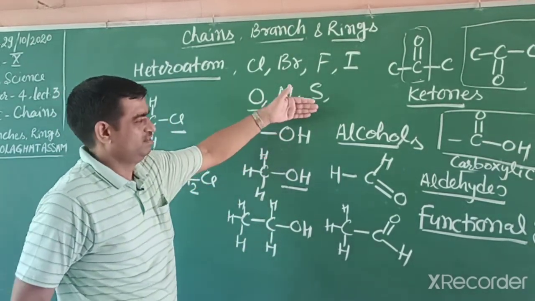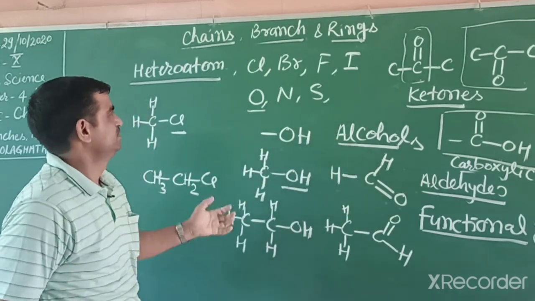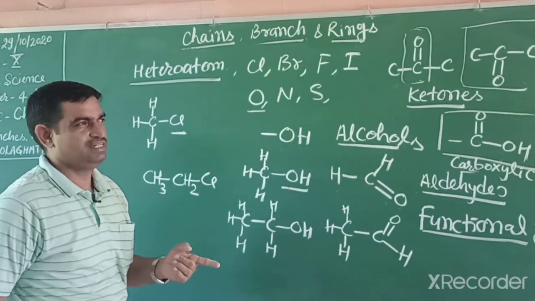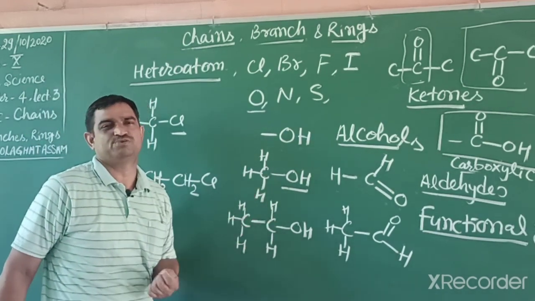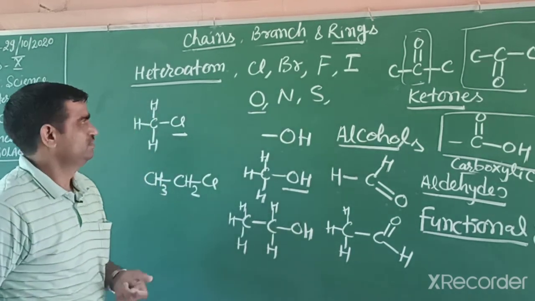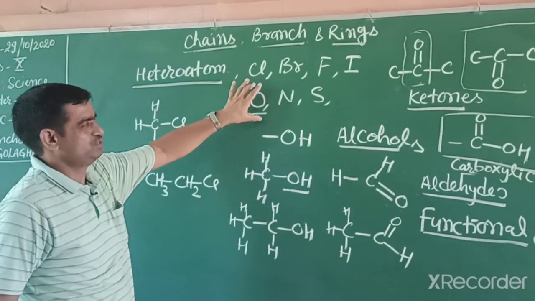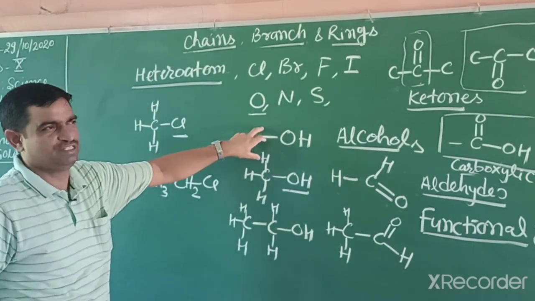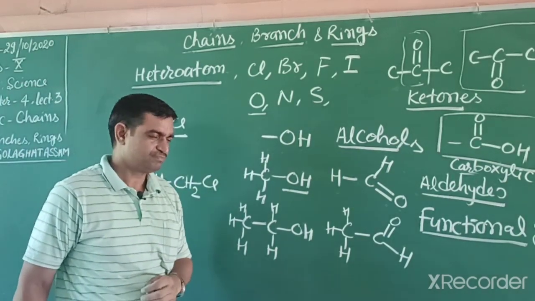For example, alcohols, aldehyde, ketone, carboxylic acid, halogens; alkene and alkynes are also special functional groups. A general hydrocarbon is known as alkane, with single bonds. That is also a hydrocarbon, but no heteroatom is present. If a heteroatom is present in the hydrocarbon, its property completely changes.